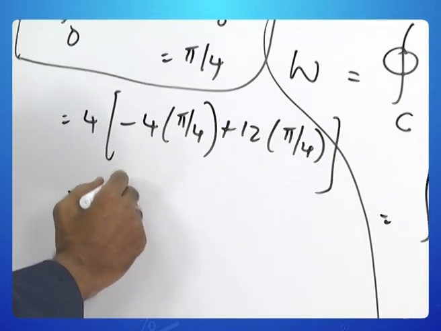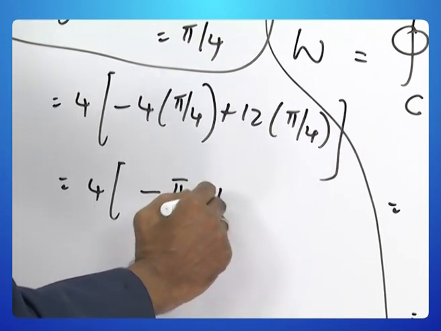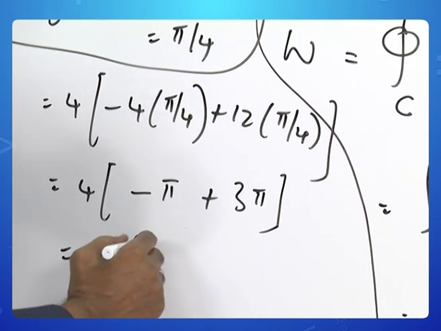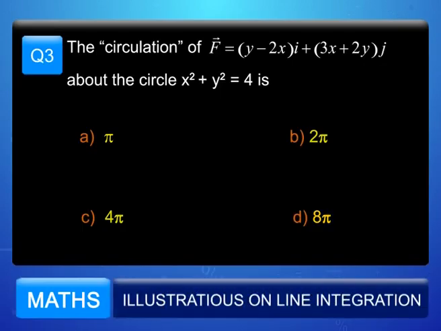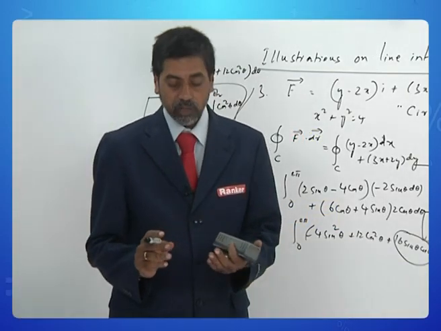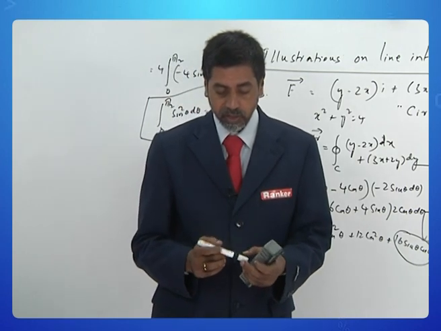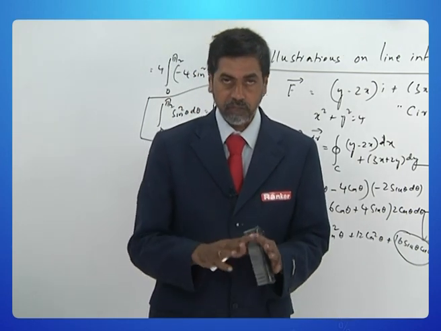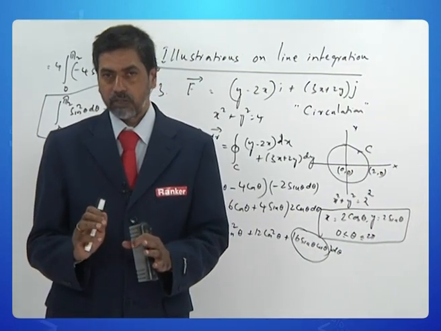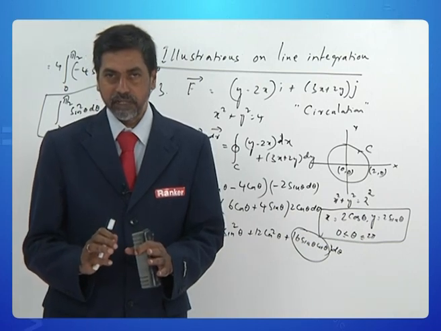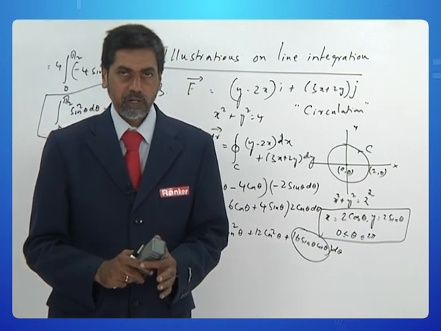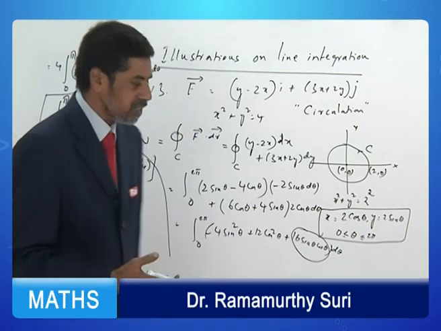So, this is 4 times minus pi plus 3 pi. So, 2 pi into 4 is 8 pi. So, if you remember the conversion of Cartesian curves into their parametric equations, and if you are pretty good at remembering certain standard integration patterns, then it is very easy to compute these integrals. The correct option for this problem can be seen as D.